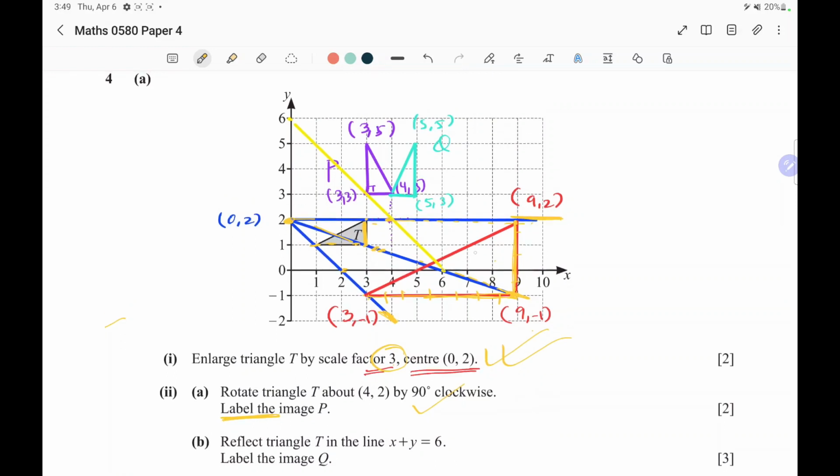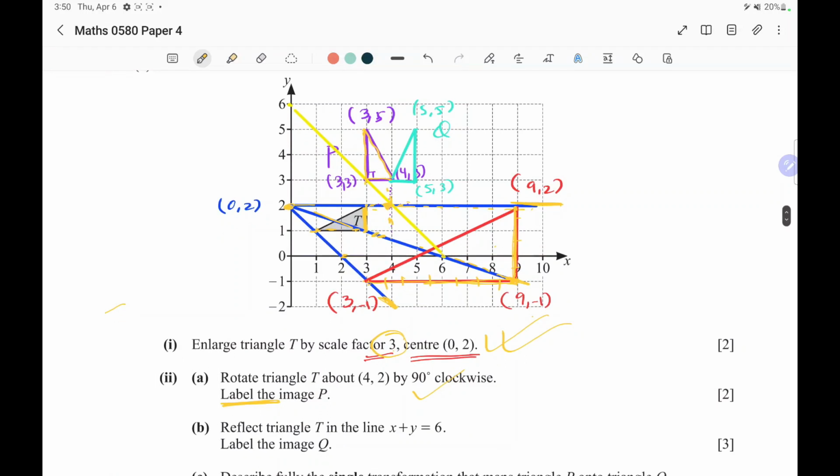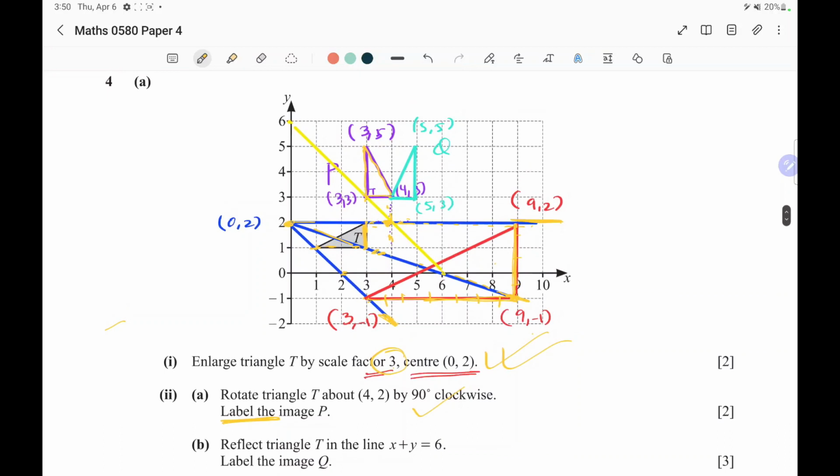What I did over there, I just put tracing paper and I first figured out this (4, 2), and then I drew this Cartesian coordinate x-axis y-axis, and on tracing paper I plotted this triangle, and then I moved my tracing paper holding at this point (4, 2) in clockwise direction, by 90 degree only. Then I found this triangle over here, okay? So we have to label image as well. So this is (3, 3), this is (4, 3), and this is (3, 5).